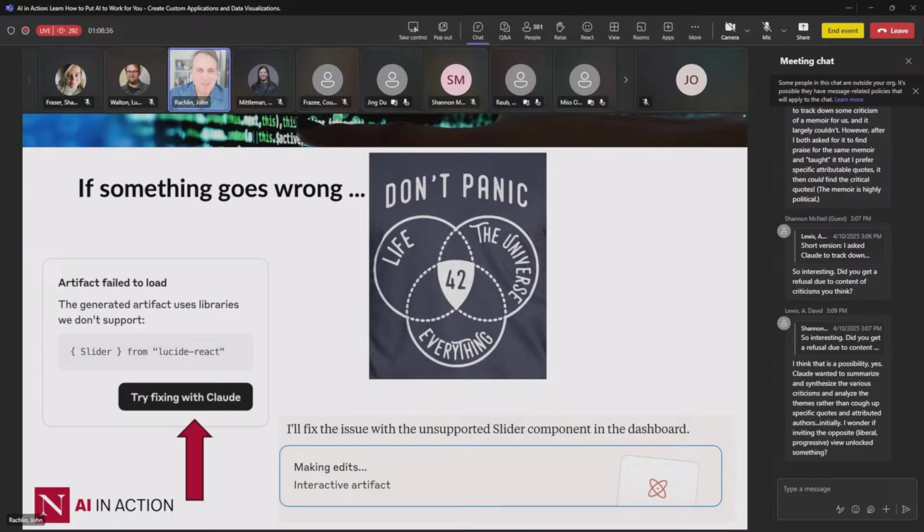And if that happens, my advice to you all is don't panic. Very often, if it's some sort of a syntactical problem with the code where it simply won't run, Claude will give you the option to try to fix that code, and it will do the debugging and the repair for you. And then our hope is that after perhaps one or two rounds of refining the code, it will produce some sort of a visualization.